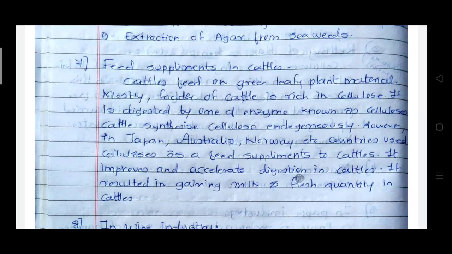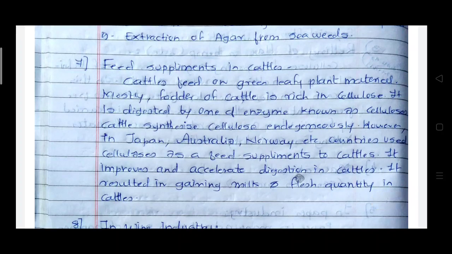As you know, cattle eat different green leafy plant materials. These plant materials contain a rich amount of cellulose. For the digestion of cellulose, there is a requirement of the enzyme cellulase. So if we directly give a dose of cellulase, it can help the digestive system of the cattle.